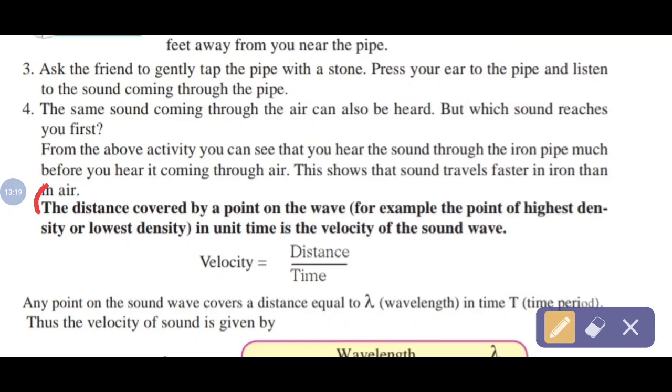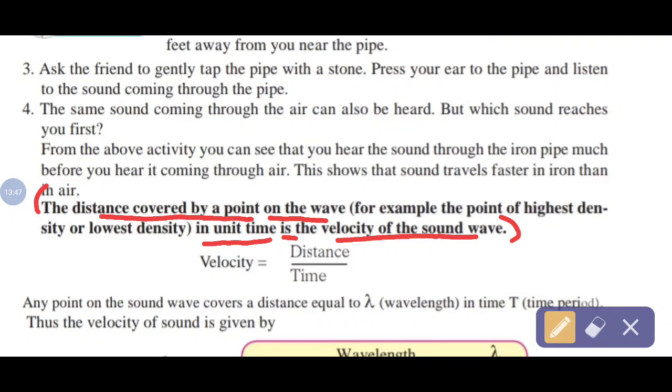Start from here. The distance covered by a point on the wave in unit time is called the velocity of sound wave. Whatever is given in the bracket, no need to write that part. Omit that bracket. So the distance covered by a point on the wave in unit time, where unit time is a fixed time, is called the velocity of sound.